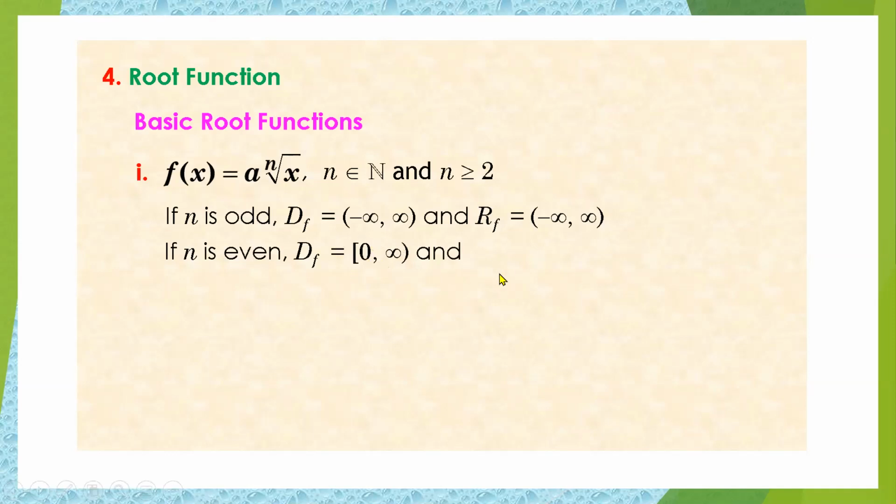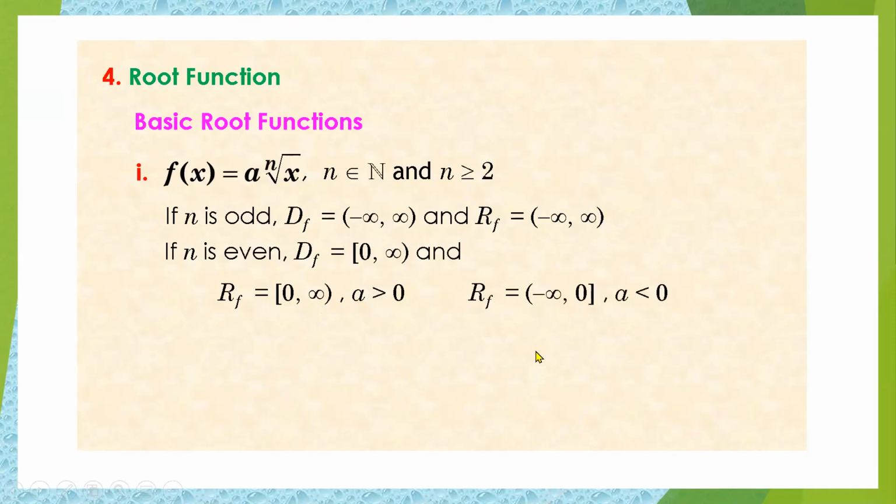The range depends on the coefficient. If a is positive, the range is 0 to positive infinity, non-negative numbers also. But if a is negative, the range is non-positive numbers.